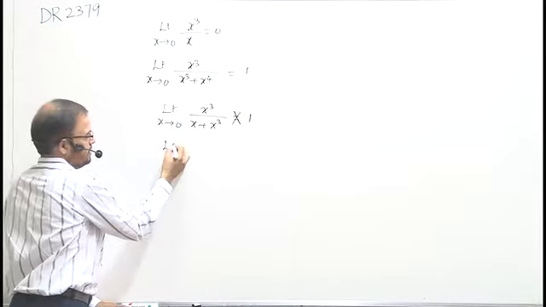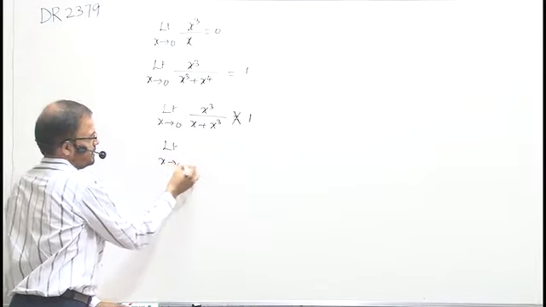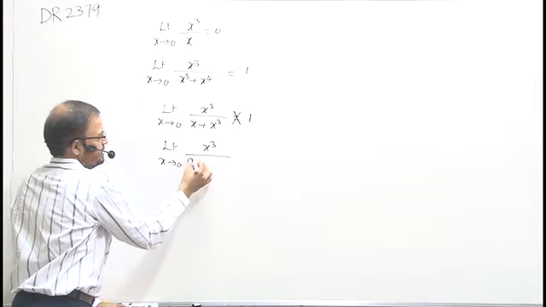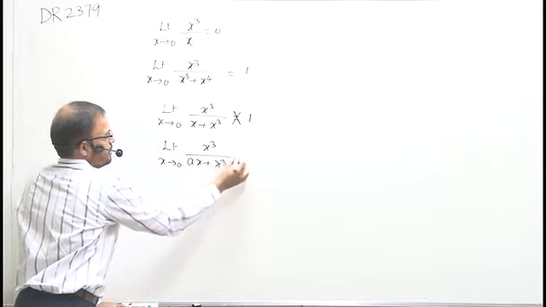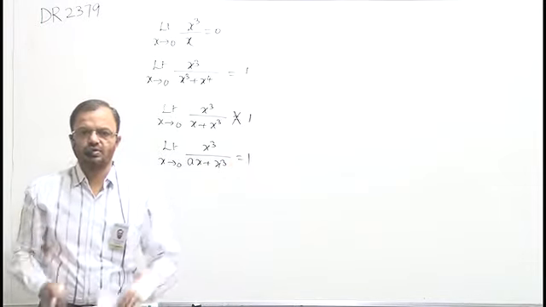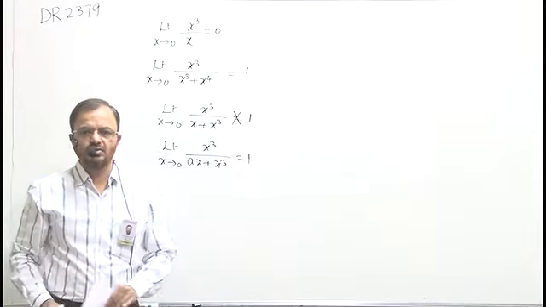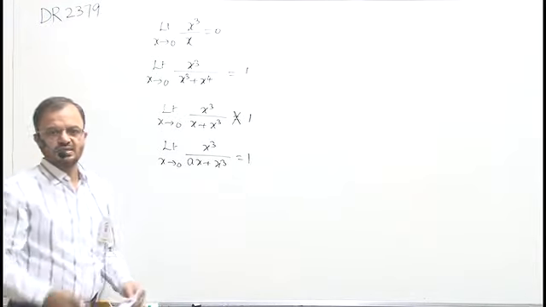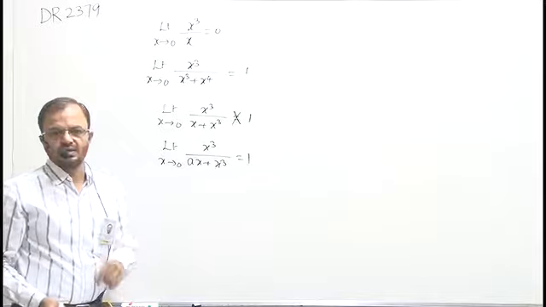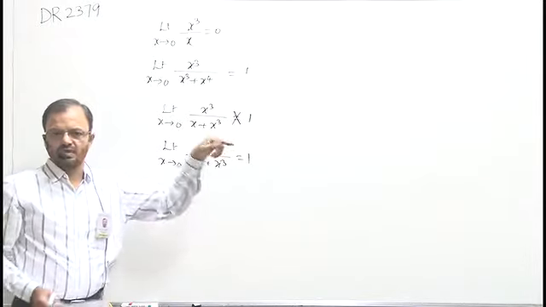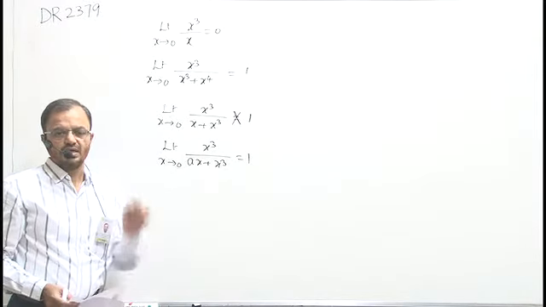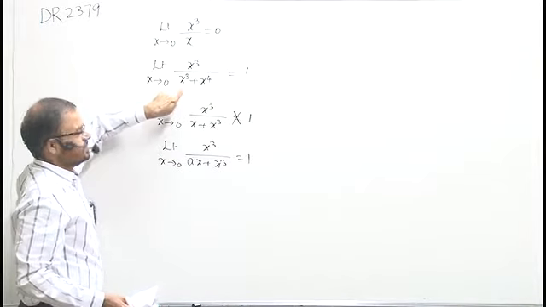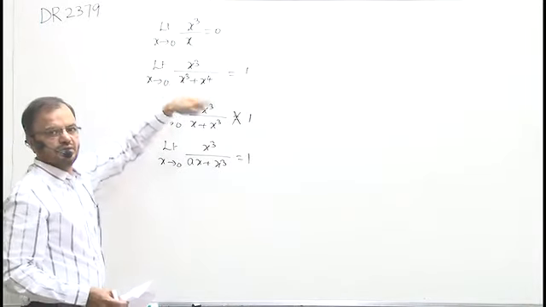Suppose it is x cube over ax plus x cube, and I want the limit to be equal to 1. What should be the value of a? If a is 1, as I have seen here, the limit will not become equal to 1. If it becomes of this type, then you will get the limit equal to 1.